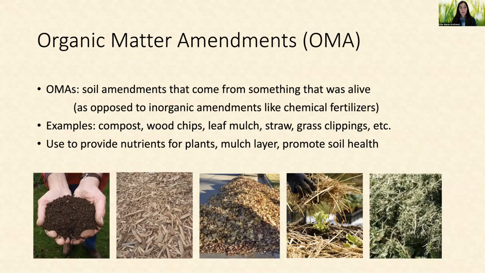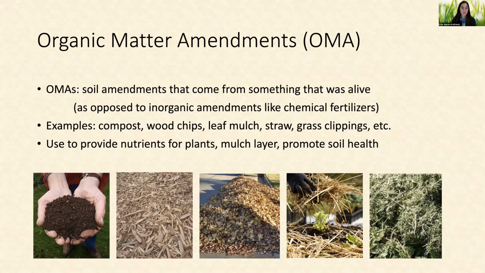So now we're going to move into organic matter amendments and talk about how they influence nutrient and water cycling in a little more detail. I'm going to abbreviate it in these slides as just OMAs. They are soil amendments that come from something that was alive at some point. This is opposed to inorganic amendments like chemical fertilizers or the synthetic conventional fertilizers I mentioned.